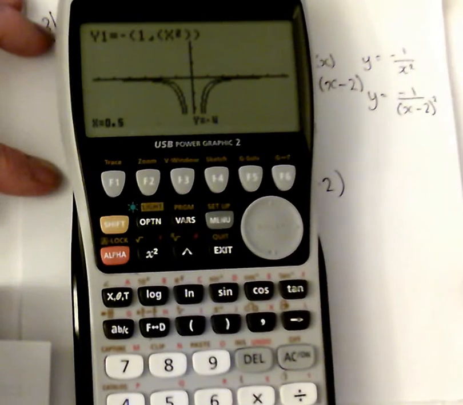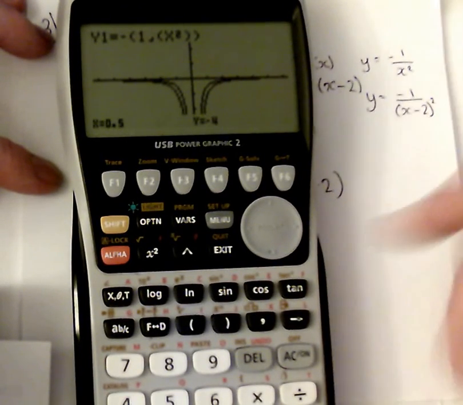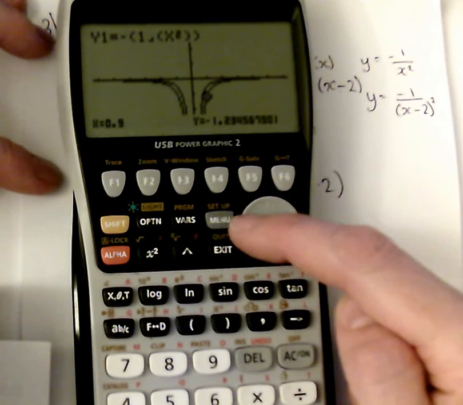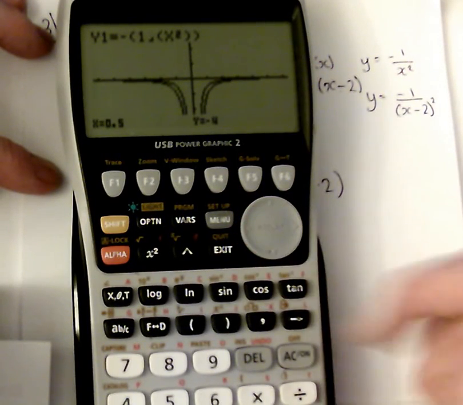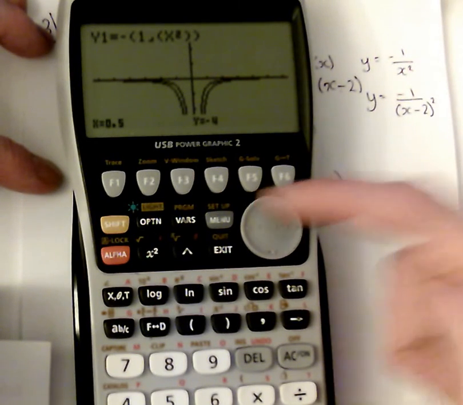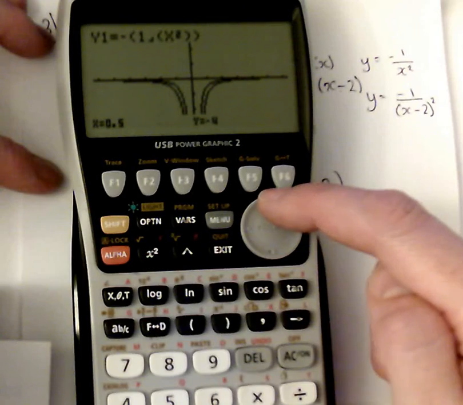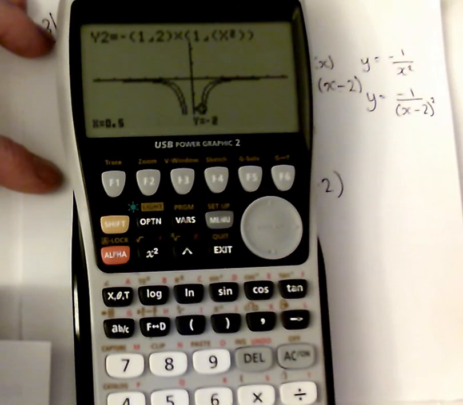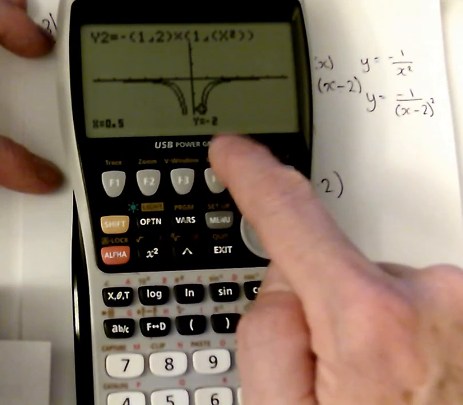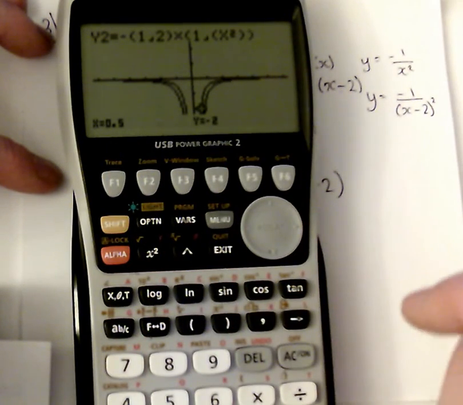I'm on my first original graph at the moment. If I want to follow along my graph, I can move left and right. But if I want to switch to my new transformed graph, the stretched one, I use the up and down arrows. So if I move up, I'll go to the other one. There we go, and we can see the x-coordinate stayed the same, but the y-coordinate has gone to -2.